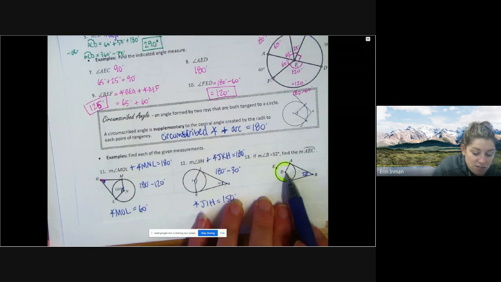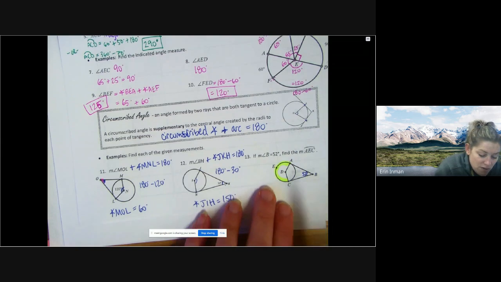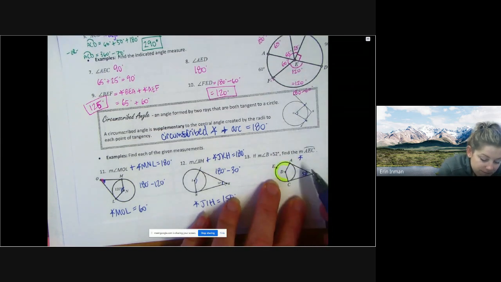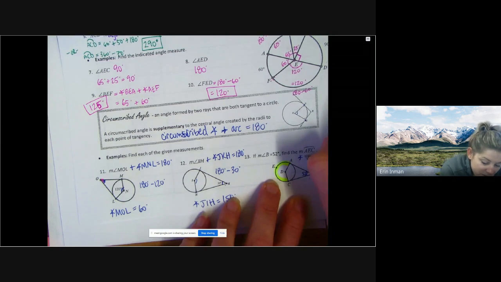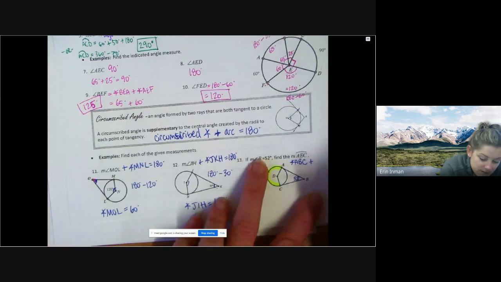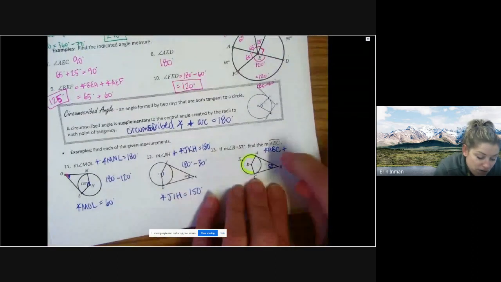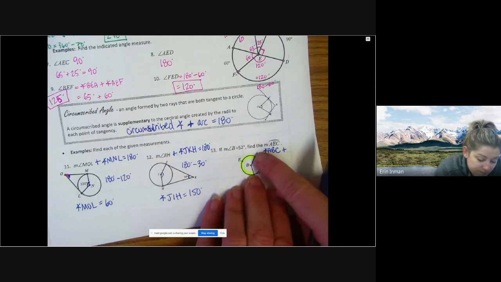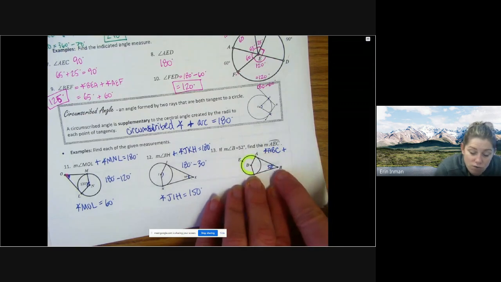We know that the central angle and my circumscribed angle have to be supplementary. So we also know that this arc right here is going to be supplementary with this angle as well. So the measure of angle ABC plus, and I'm going to put the arc measure because we're actually finding an arc. So we know that arc AC is a central arc, and it's going to be supplementary to the circumscribed angle.